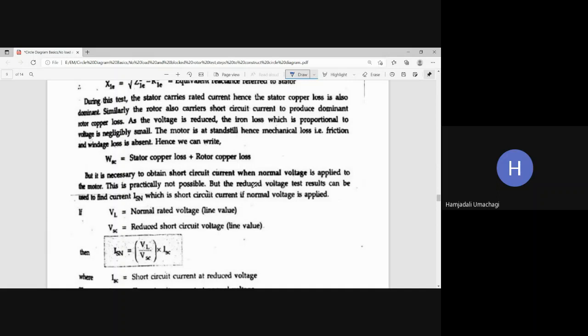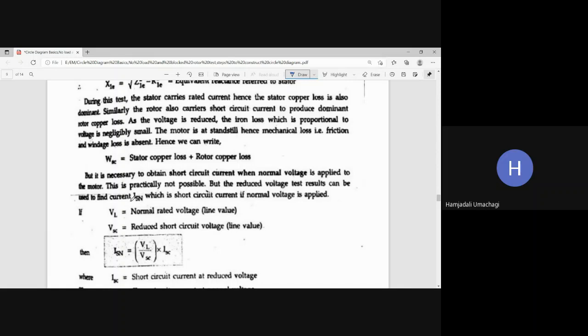However, using the results of the block rotor test at low voltage, you can convert that information to the normal voltage value. Using that, we can calculate the current ISN, where S stands for short circuit and N stands for normal voltage. ISN is the short circuit current if normal voltage is applied.